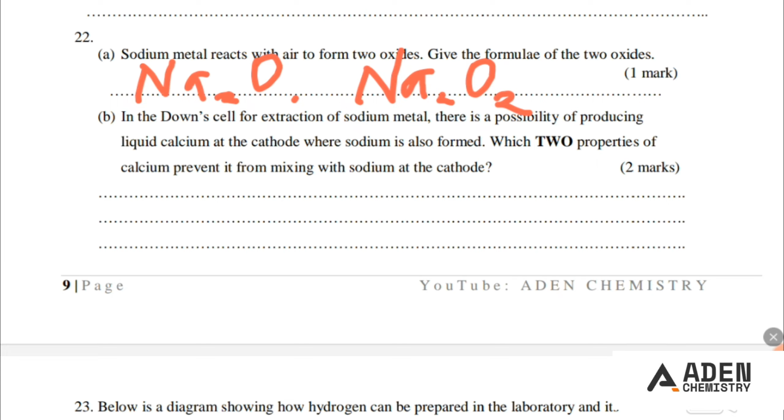So part B, we are told in the Downs cell, for the extraction of sodium metal, there is a possibility of producing liquid calcium at the cathode where sodium is also produced or formed. So we are asked, which 2 properties of calcium prevent it from mixing with sodium at the cathode?